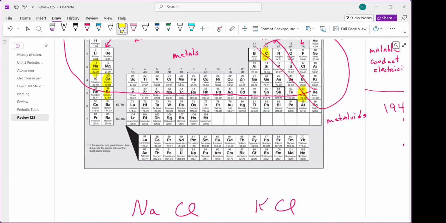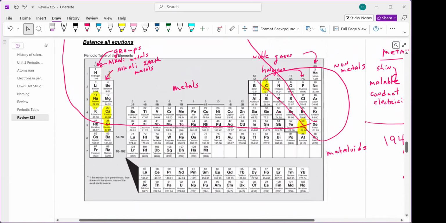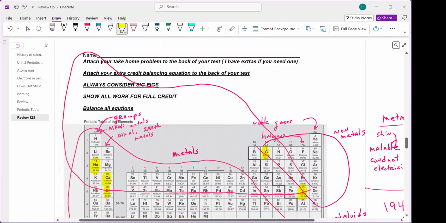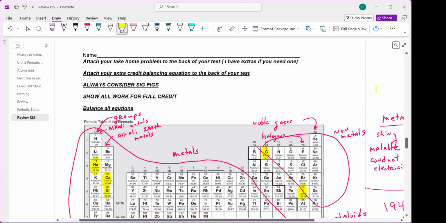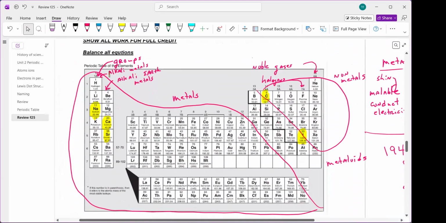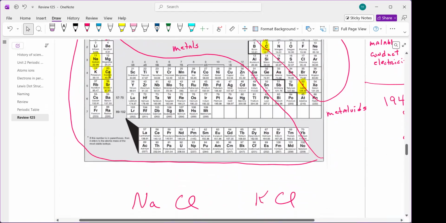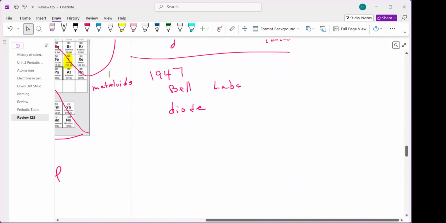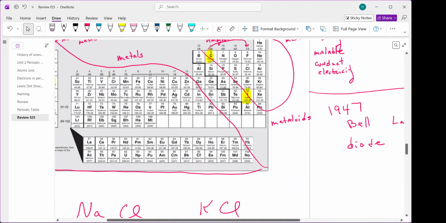Okay, so let's talk more about this now. When you look on the periodic table, let's take carbon.